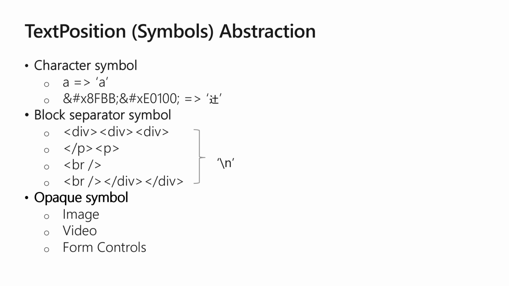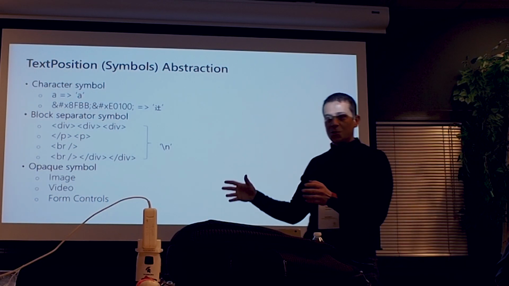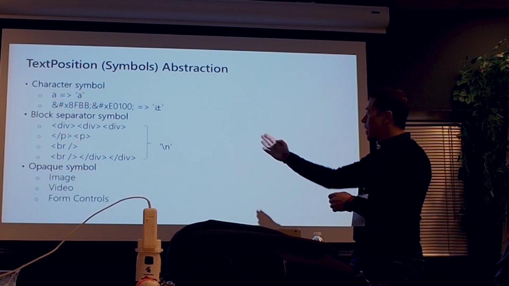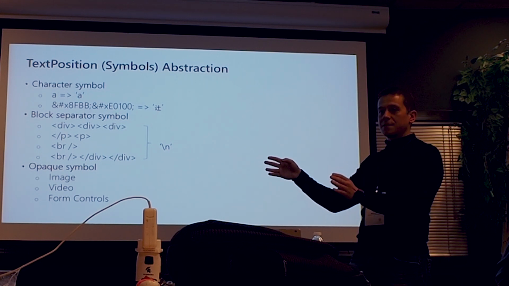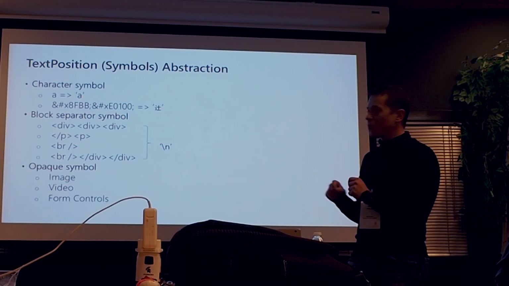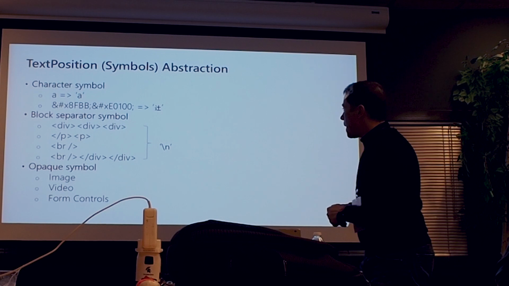And this symbol concept was rather straightforward for some things. Like, for example, a character was just a character. Well, sometimes you have UTF-16, so it's more than one. So as you're advancing in the content and you want to say, give me the next what appears to be a character on the screen, you might actually go through two code units.